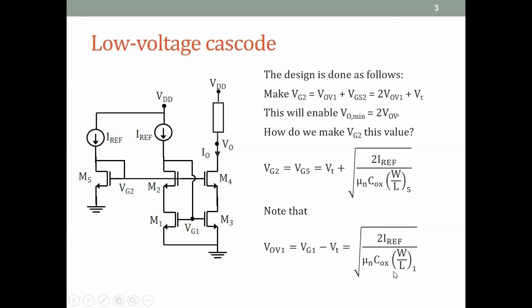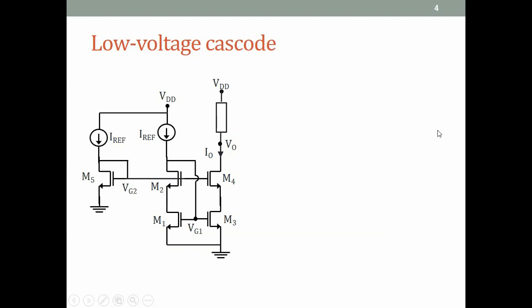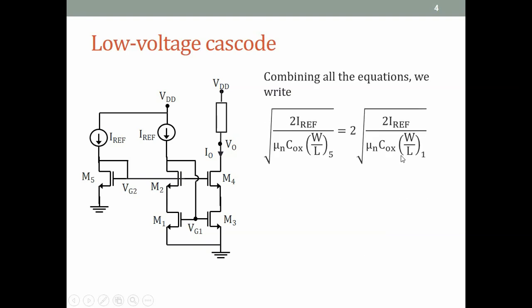So we get 2 IREF, and then this will be W by L1. All right. So we have an expression for VG2 here. We have an expression for VOV1. And so we can equate these two, all right? So we can equate this with this plus VT. And if we do that, then we get this relationship. So let's go back. How did we get this?